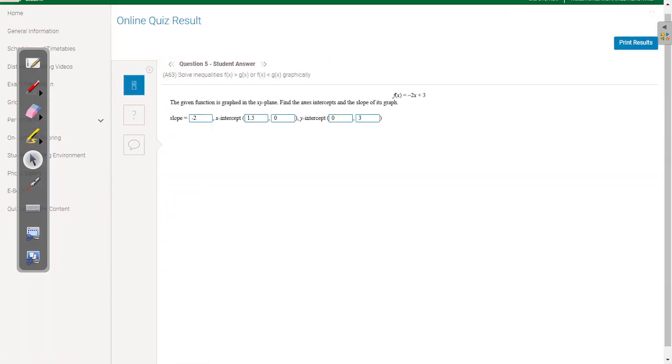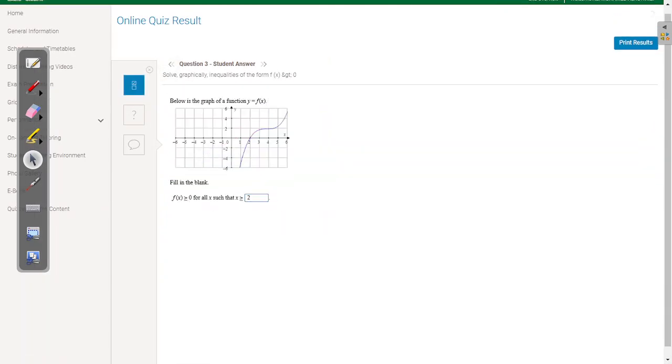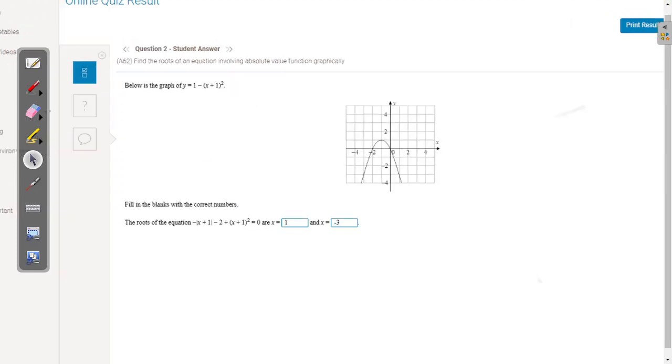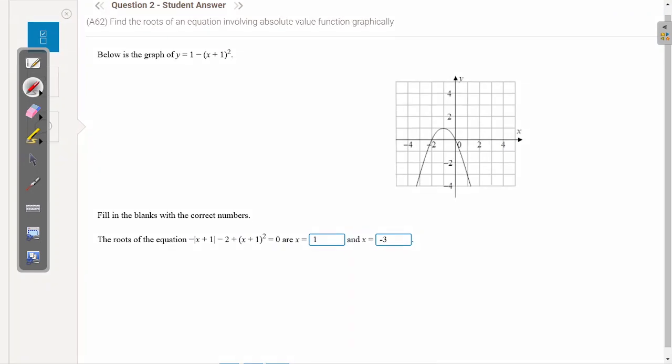Okay, now we'll go back to question 2. Here they give us a graph of y equals 1 minus (x plus 1) squared. But here in the equation, we don't have that. It's not clear. So you have to isolate the equation so that you have 1 minus (x plus 1) squared on one side.